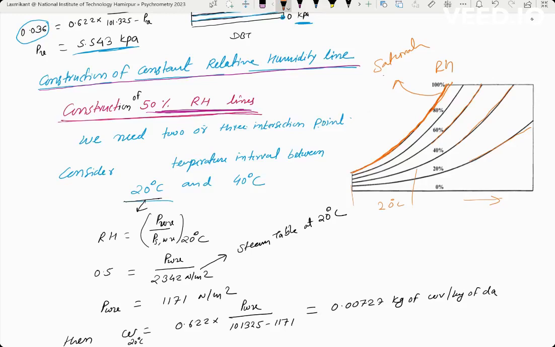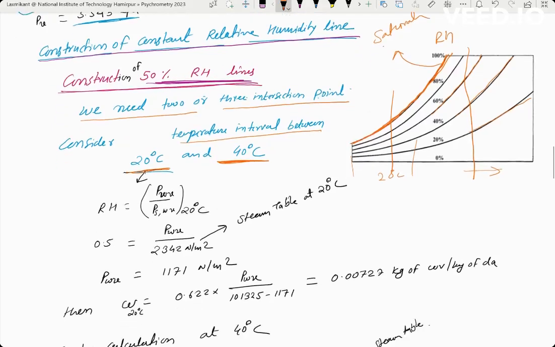So we require two or three intersection points to join this line. So we will consider the temperature interval between 20 degrees Celsius and 40 degrees Celsius. Consider a 20 degrees Celsius line here and a 40 degrees Celsius line here. In between these we will draw the relative humidity line.